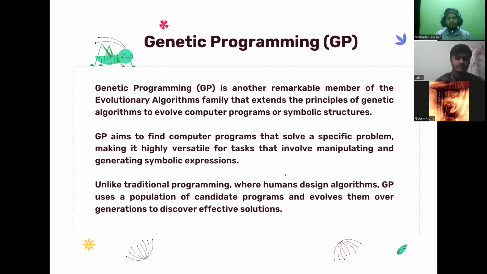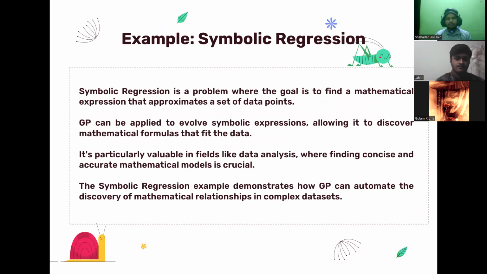Unlike traditional programming, where humans design algorithms, genetic programming uses a population of candidate programs and evolves them over generations to discover effective solutions. A very good example of genetic programming is symbolic regression. Symbolic regression is a problem where the goal is to find a mathematical expression that approximates a set of data points.